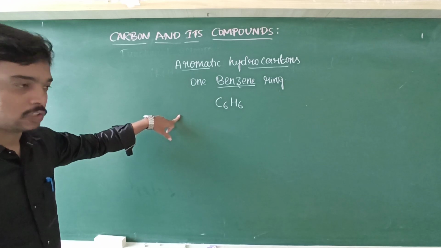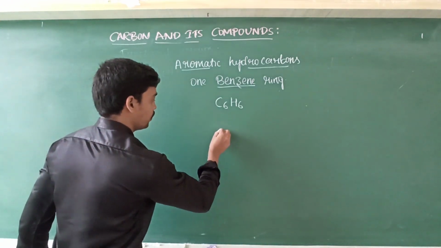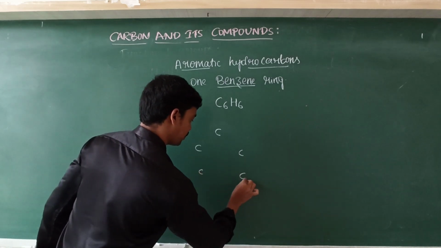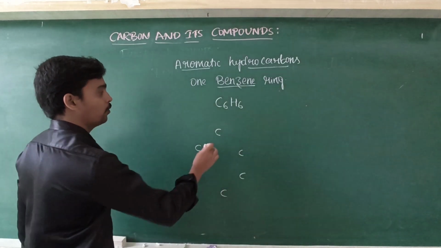Then how to write the structure of benzene? Here 6 carbons are each bonded with 6 hydrogens.